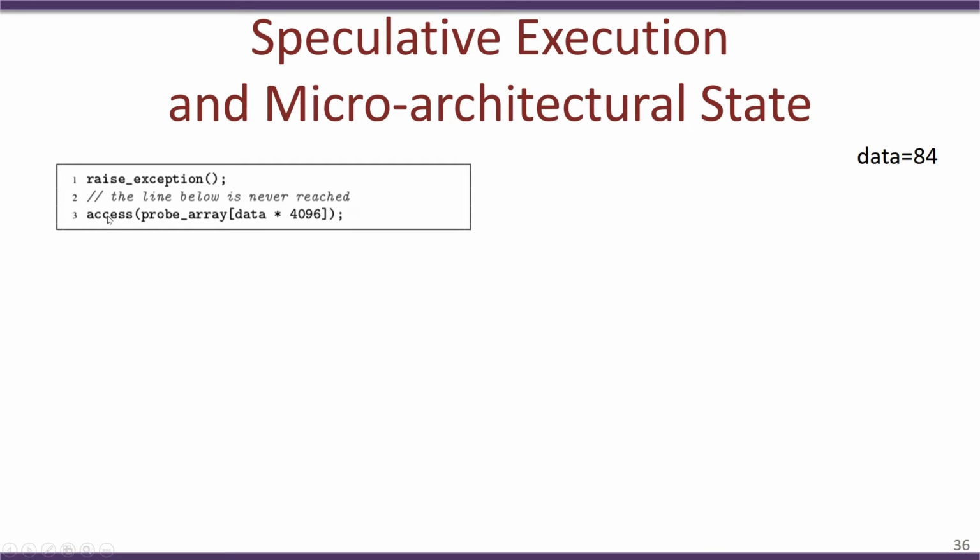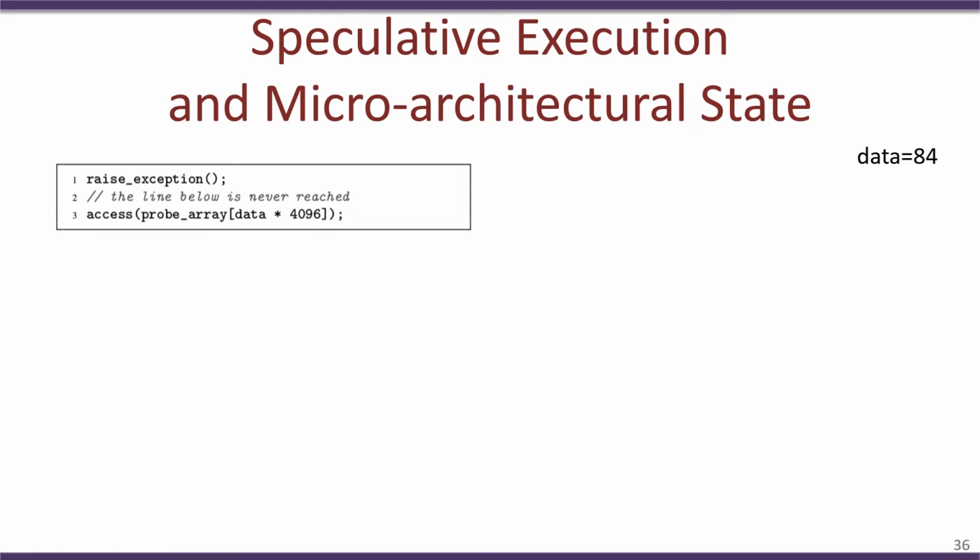Then we have a memory access to an array at a location data times 4096. If we evaluate these two instructions in the normal operation, what would happen is that due to the raise exception, this memory access to the probe array would never occur.